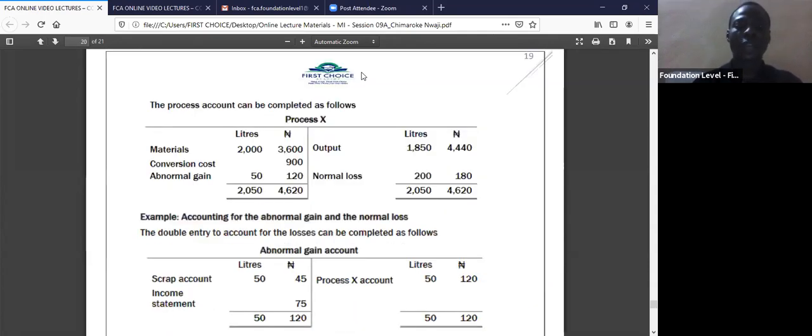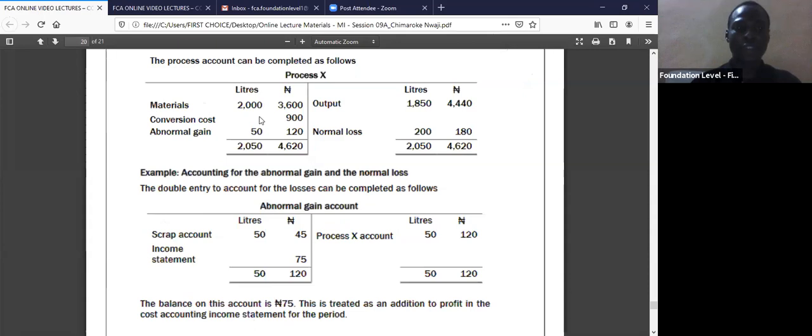So how do we treat the abnormal gain? We said in the abnormal gain account, it's coming from process accounts where it's been debited, so it's going to be credited in the abnormal gain account.